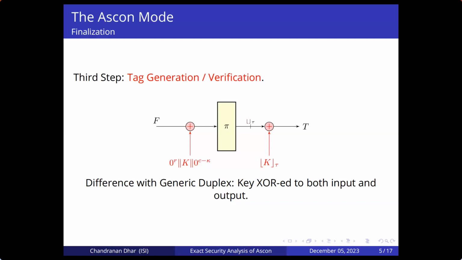It takes the state F and the key K. For encryption queries it generates the tag, and for decryption queries it checks if the tag is verified. If it is verified, then it outputs the message.